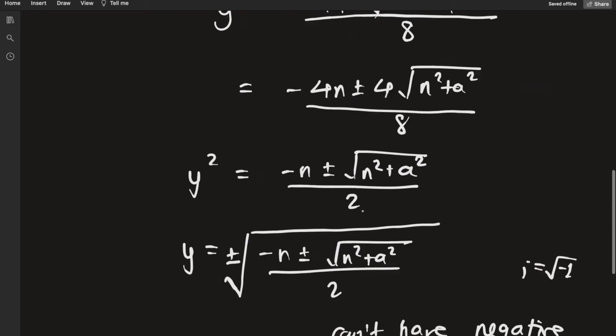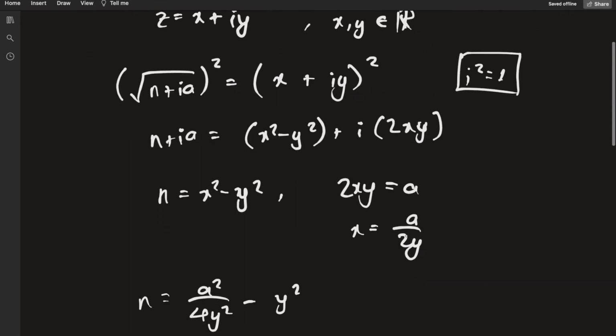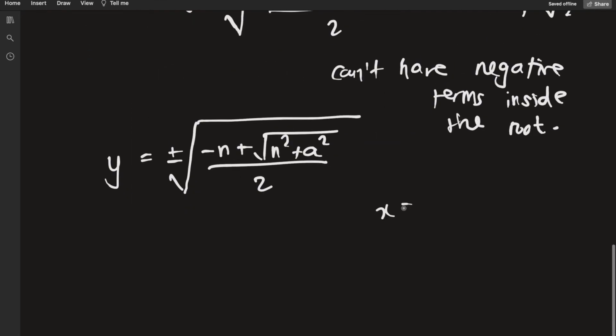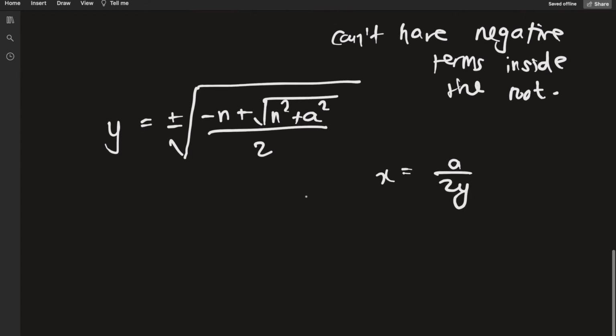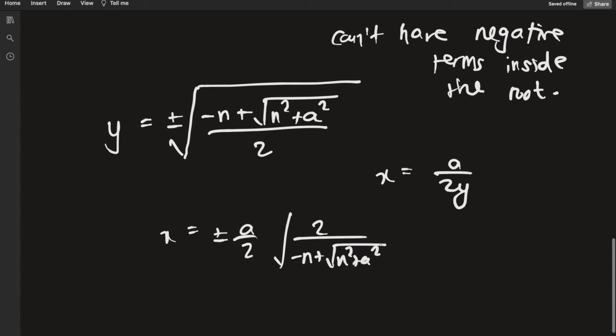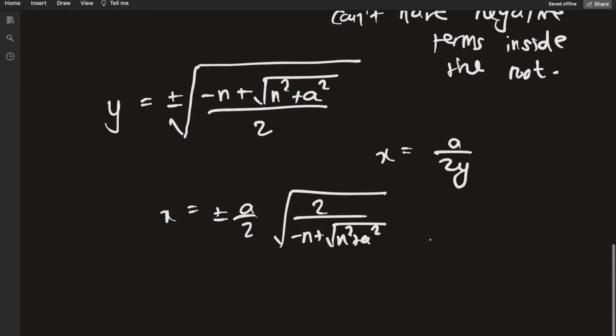Now what is x? We know y. We know what's x. Well, x is a over 2y. Okay, so for that, let's just write plus and minus as it is. A over 2, just taking the reciprocal of this, 2 over negative n plus square root of n squared plus a squared. Fine.